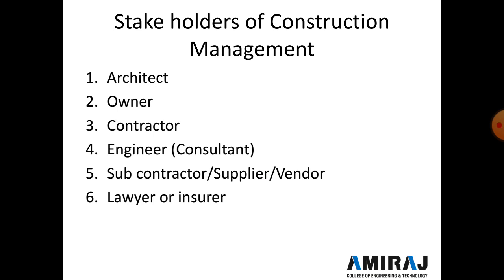The third stakeholder is the contractor. The job of the contractor is important: to complete the project on schedule according to the contract agreement with the client or owner, and in accordance with his design and drawing. The contractor may be an individual undertaking, a small contractor, or a large construction company undertaking a turnkey project.